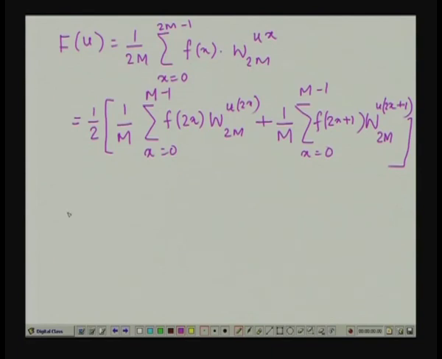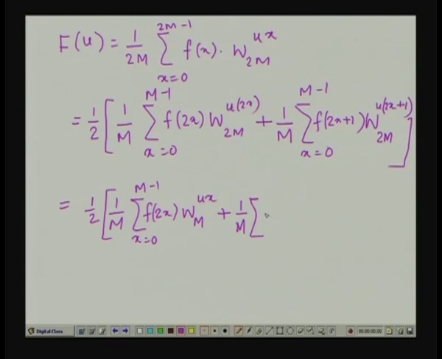And if I further simplify this expression, it can now be written in the form half into 1 upon capital M summation f(2x) into W_M to the power ux, where x varies from 0 to capital M minus 1, plus 1 upon capital M summation f(2x plus 1) W_M to the power ux into W_2M to the power u.